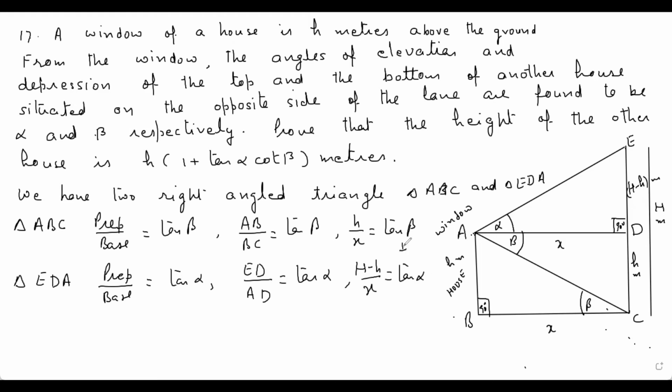So I have two equations. One is h by x is equal to tan beta. The other one is H minus h upon x is equal to tan alpha. On the next page, I'm going to write these two equations and find the value of capital H, that is the height of the other house.